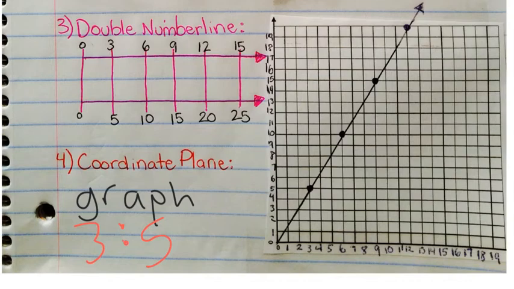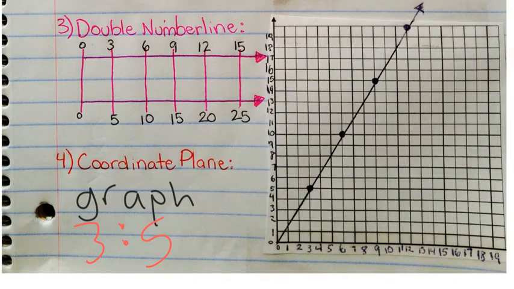It's that simple. Now from this point, again, we take our ratio of 3 to 5. We move on the x-axis, which is left and right, 3 spaces. 1, 2, 3, and then 5 spaces up. 1, 2, 3, 4, 5.